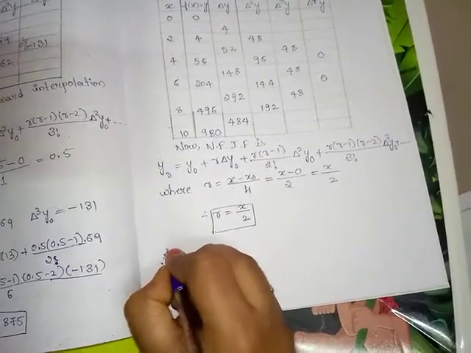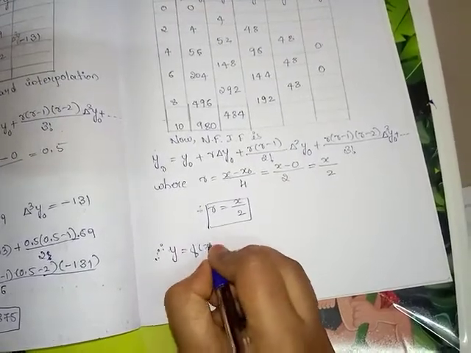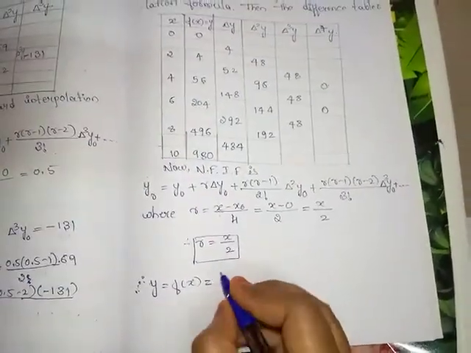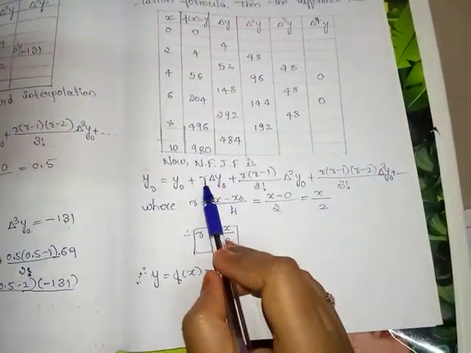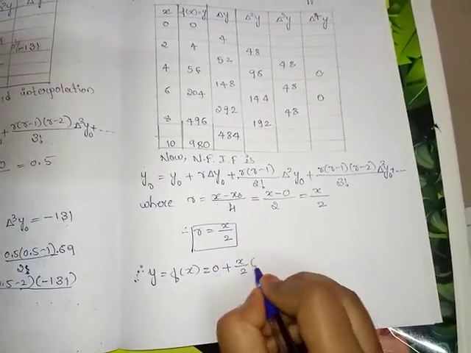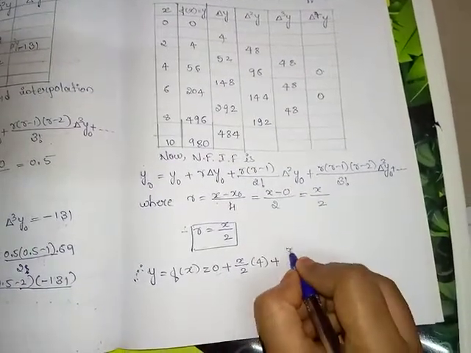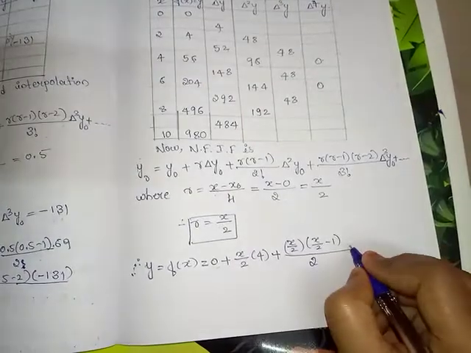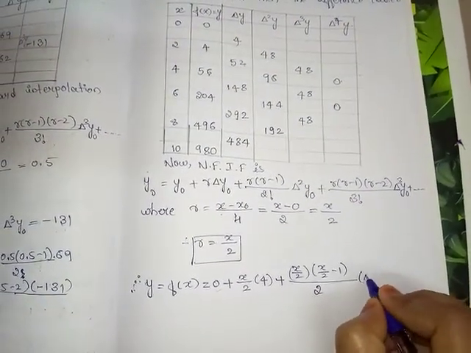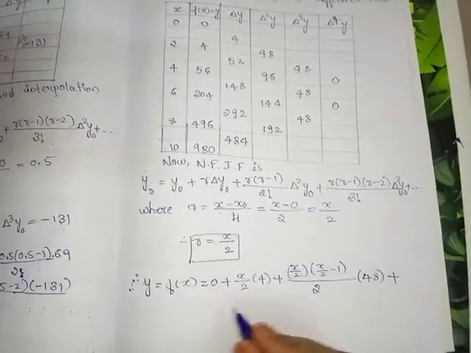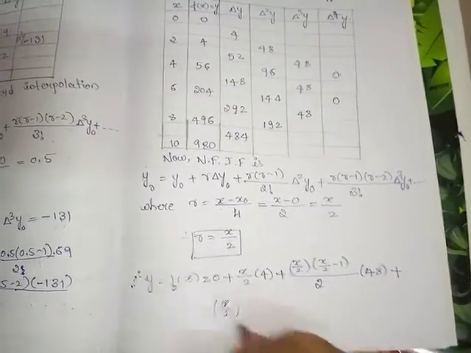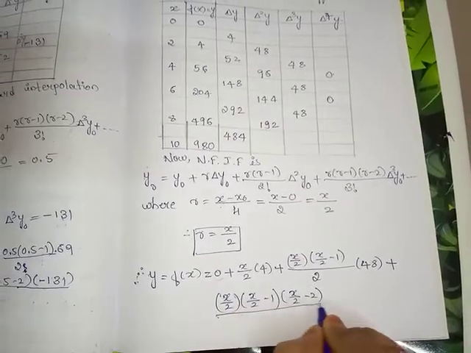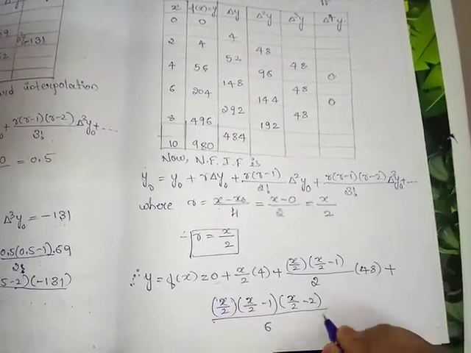Therefore y is equal to f of x, the interpolating polynomial, is equal to y naught, which from the difference table is 0, plus r, which is x by 2, into 4, plus r, which is x by 2 into (x by 2 minus 1), whole divided by 2 factorial, which is 2, into delta square y naught, which is 48, plus, I will write the next term below, x by 2 into (x by 2 minus 1) into (x by 2 minus 2) divided by 3 factorial, which is 6, then delta cube y naught, which is again 48.